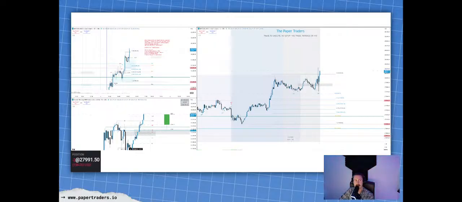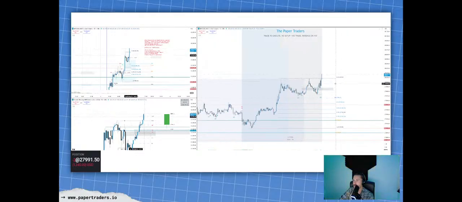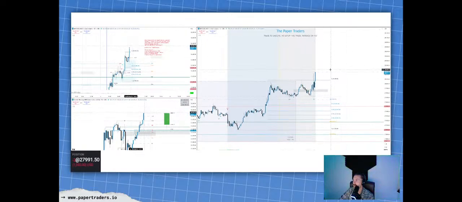This 5 minute would need to close below the London session. It looks like they got a nice manipulation on the downside there with that swing failure pivot. That's on the 1 minute, and we swept the top there. Looks like continued upside.